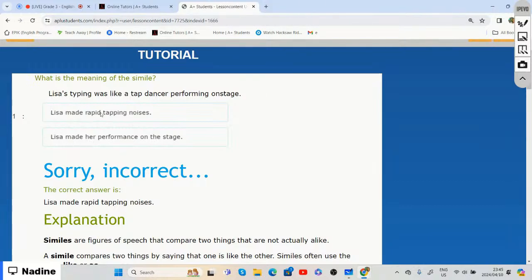Does it mean that Lisa made rapid tap dancing noises, or does it mean that Lisa made her performance on the stage?